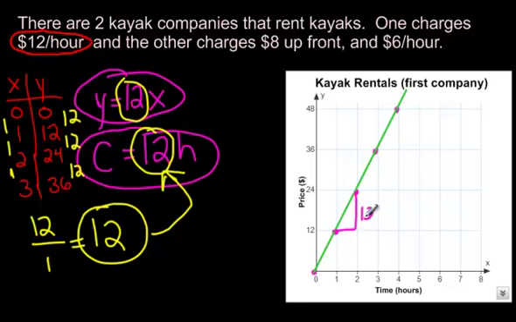It is 12. What's the run between here and here? 1. Okay, rise over run. The slope is 12. You could use the graph or the table of values. But the important thing here is that this 12 is the slope, or the rate. Rate of change is another word they sometimes say, okay?